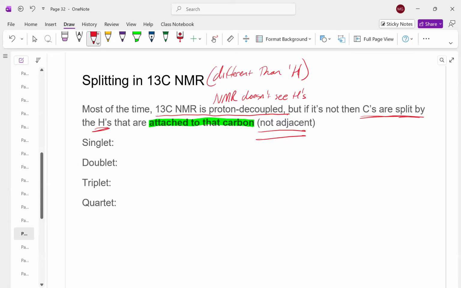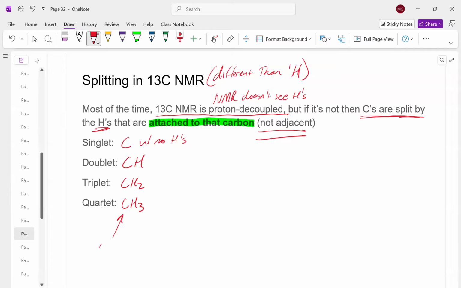So a singlet in carbon NMR is a carbon with no hydrogens. A doublet is a carbon with 1 hydrogen. A triplet is a carbon with 2 hydrogens, and a quartet is a carbon with 3 hydrogens. Now, those don't always have to be sp3 hybridized. They can have a variety of hybridizations.